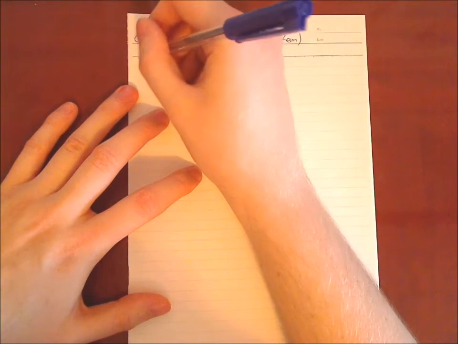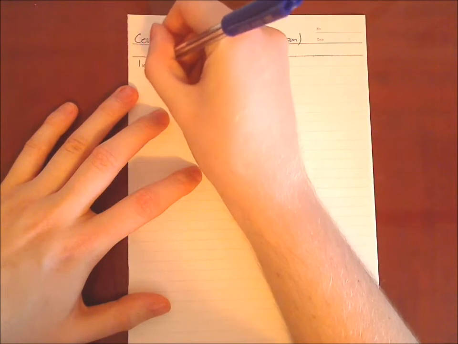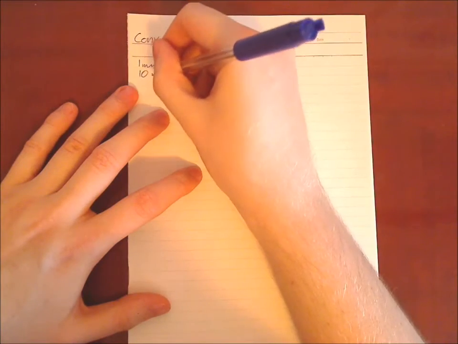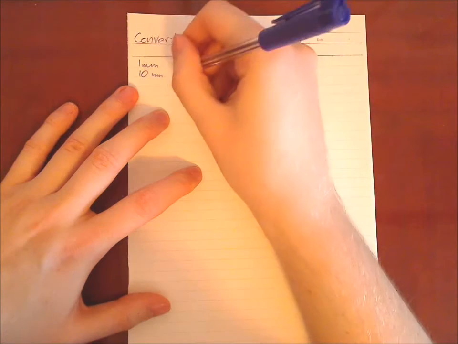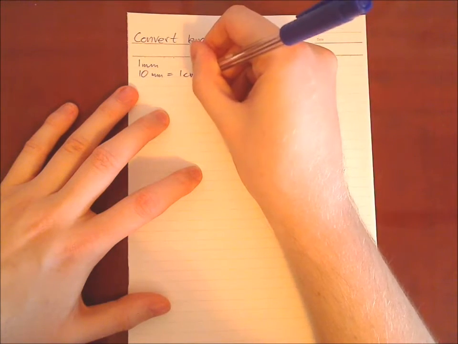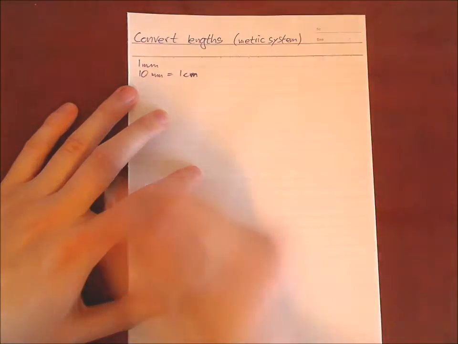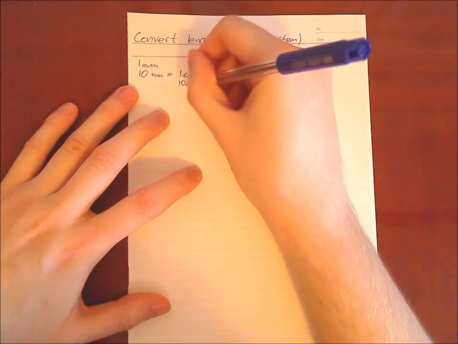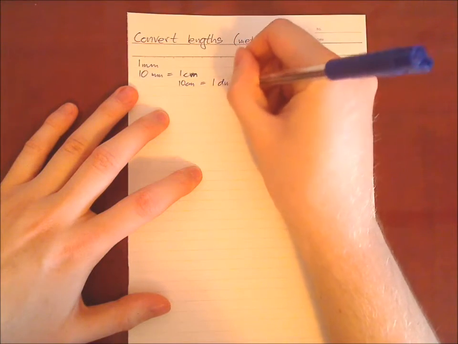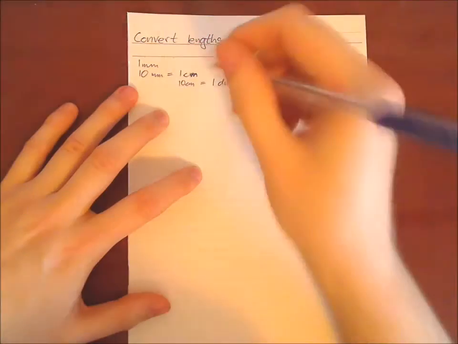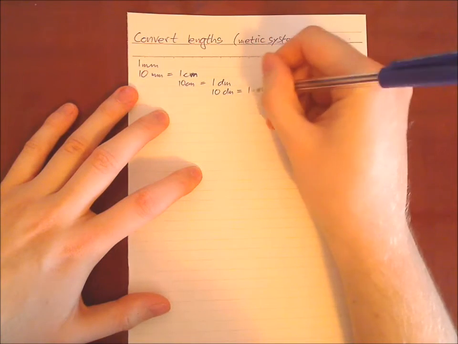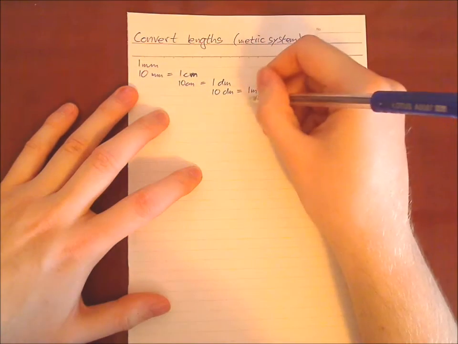So we start with 1 millimeter. 10 millimeters are 1 centimeter. 10 centimeters are 1 decimeter. 10 decimeters are 1 meter, and so on.